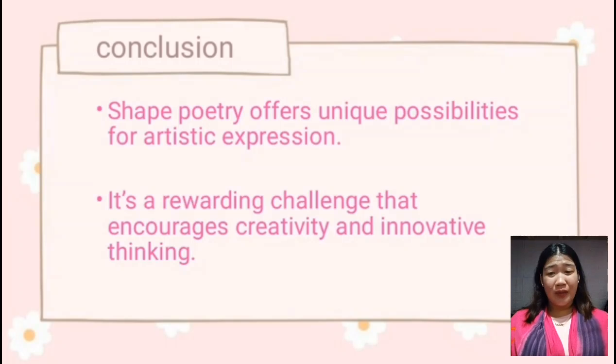So a jagged shape, like what I've said kanina, might reflect a feeling of chaos or anger, while a smooth, flowing shape could represent peace or serenity. So the shape itself becomes a powerful tool for conveying meaning and emotion. It's a way to make your writing come alive in a way that traditional poetry simply can't.